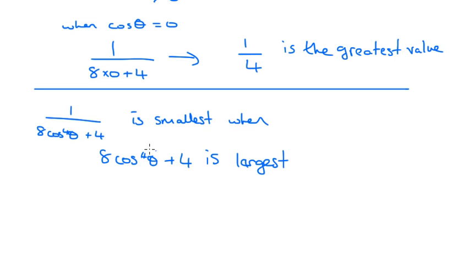So that's when cos to the power of 4 theta is as big as possible, which will be when cos theta equals, well, -1 or 1. And when that happens, we'll get 8 times 1 plus 4, which is 12.